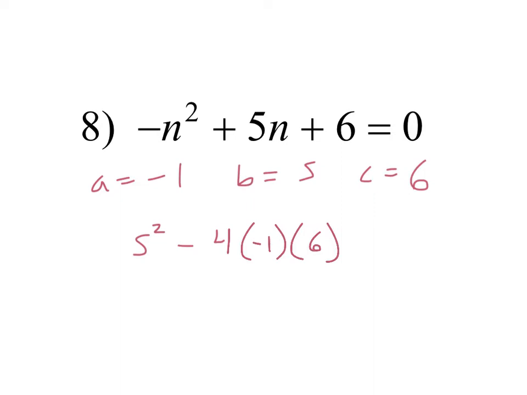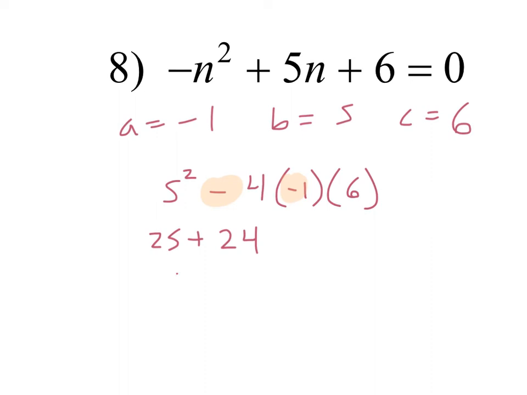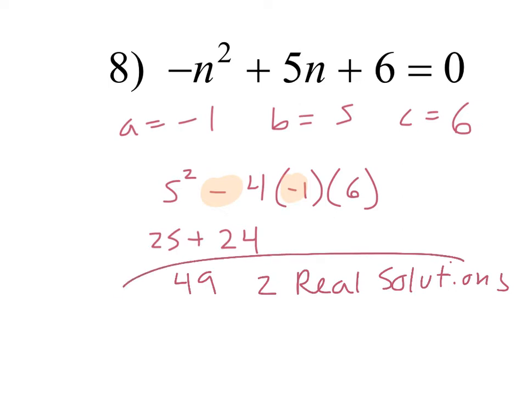So it's 5 squared. And then negative 4 times negative 1 times 6. And it becomes a plus because we have 2 negative signs. And then we have 49 and 2 real solutions. Good job.